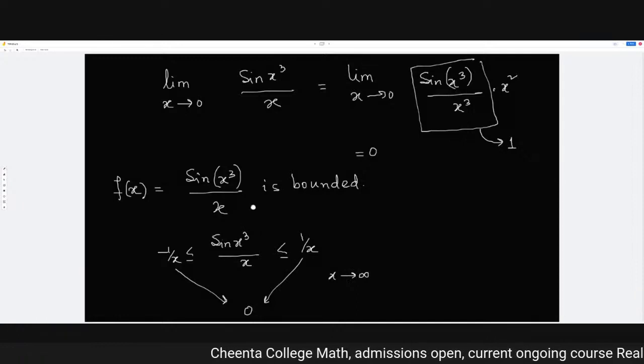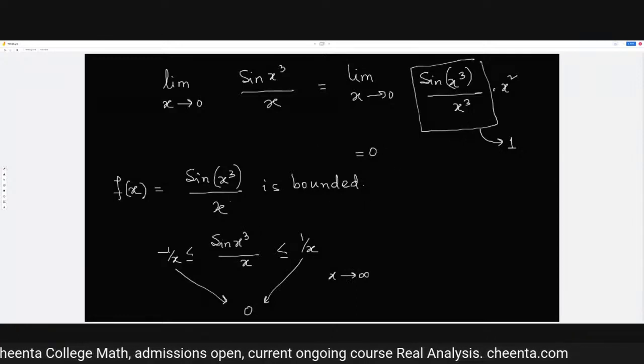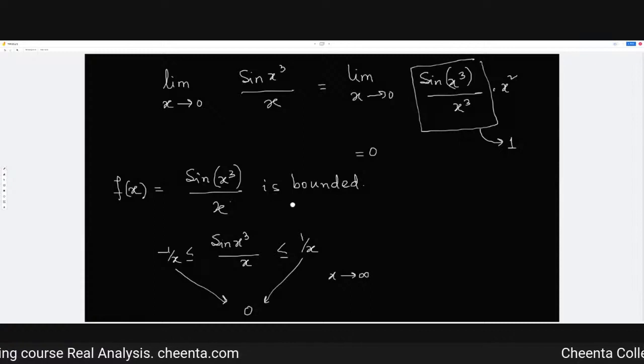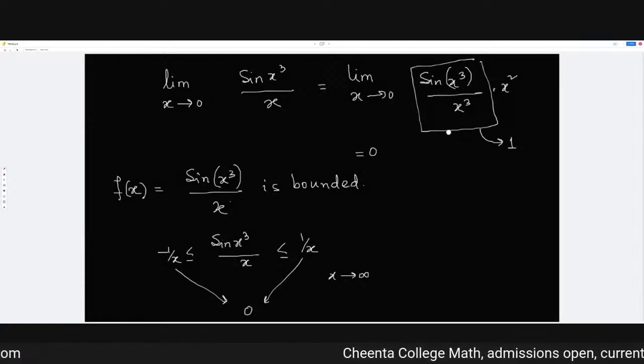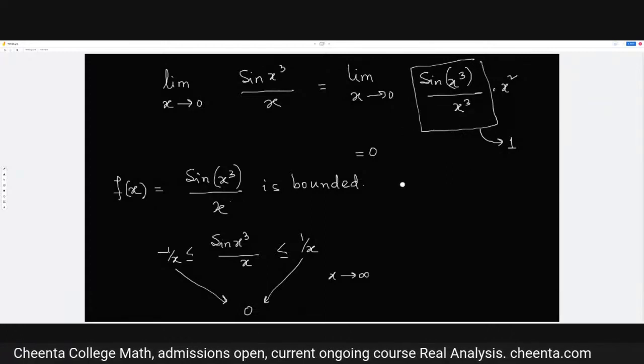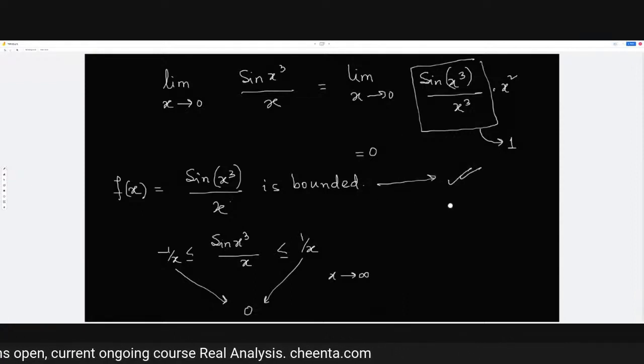The problem was when x is approaching 0. That is one of those conditions when sine x cubed by x would have shot towards infinity. But since the limit exists, it cannot shoot towards infinity. So this is the way that we prove that it is bounded. So the boundedness is there.